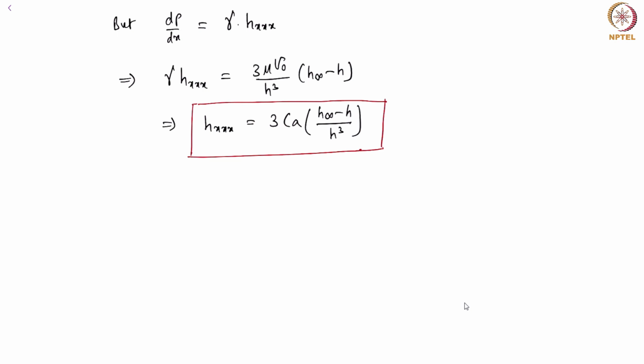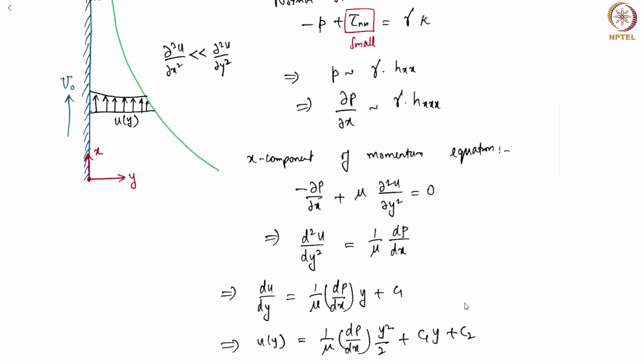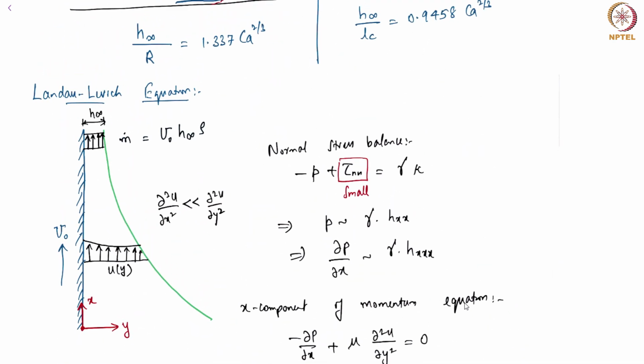This equation is called the Landau-Levich equation. This involves mass balance, the continuity equation of mass balance, along with the utilization of the x component of the momentum equation and the normal stress balance.